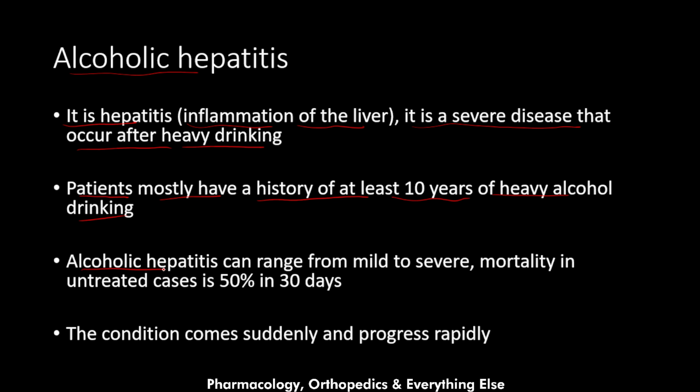Alcoholic hepatitis can range from mild to severe, and mortality in untreated cases is 50% in 30 days. And that shows you how severe this condition is. The condition comes suddenly and progresses rapidly.